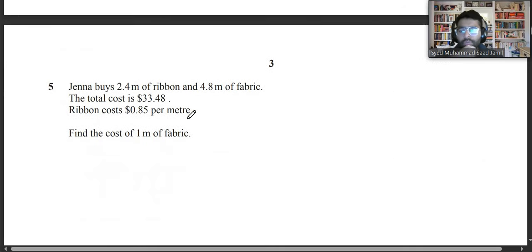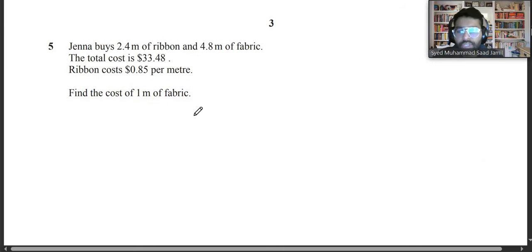Now moving on to question 5, it says Jenny buys 2.4 meters of ribbon and 4.8 meters of fabric. The total cost is 33.48. The ribbon cost is 0.85 per meter. Look, how much ribbon does she buy? 2.4.